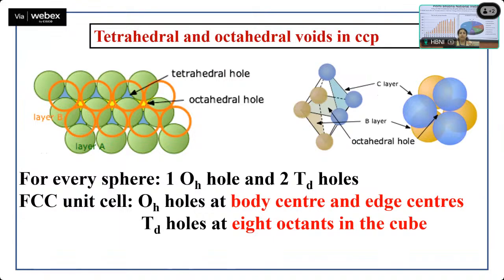Each edge, if you visualize, contributes to 4 cubes. So how many voids are contributed by 12 edges to one particular cube? 12 into 1 by 4, that is 3. So 3 by edge centers, 1 at the body center. 4 lattice points, 4 octahedral holes. 4 lattice points, 8 tetrahedral holes. Okay. So I hope this is also clear.